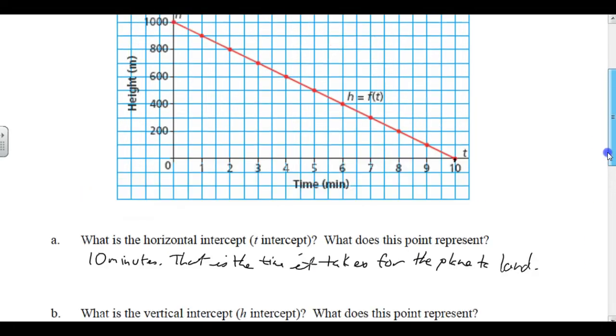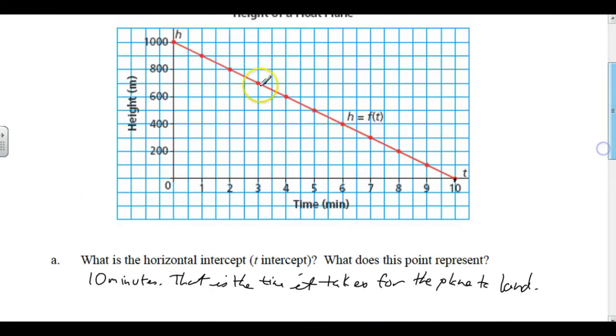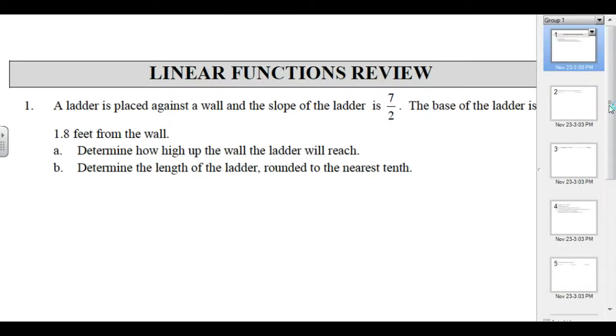What is the vertical intercept, the h-intercept? So that's 1,000, and it's meters.